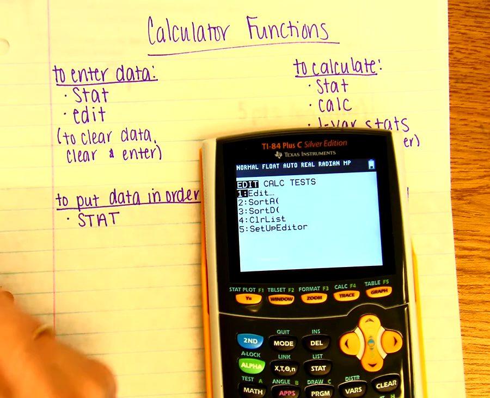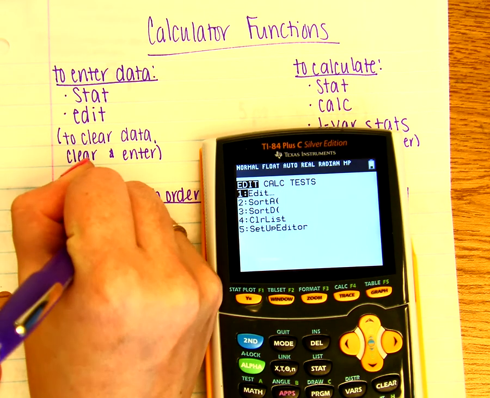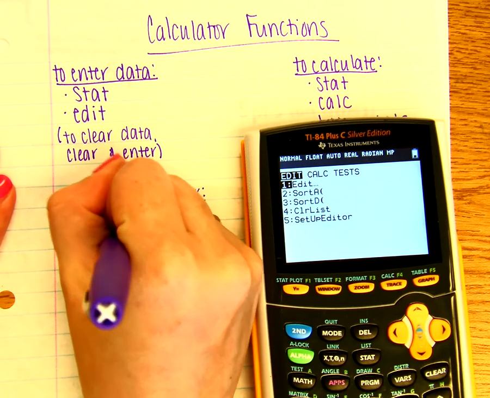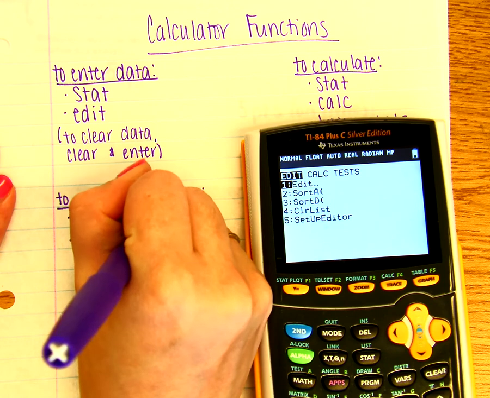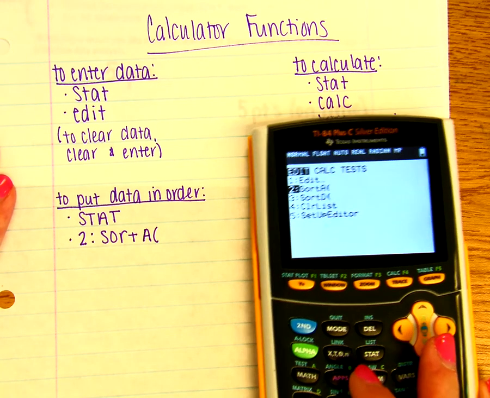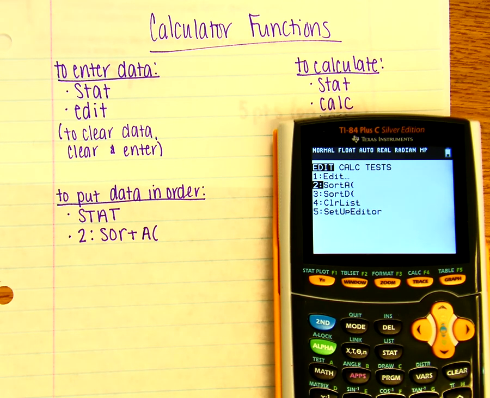And now we're going to go down to option 2 where it says sort A with that little parentheses. So we're going to go down right here to where it says sort A with the parentheses.